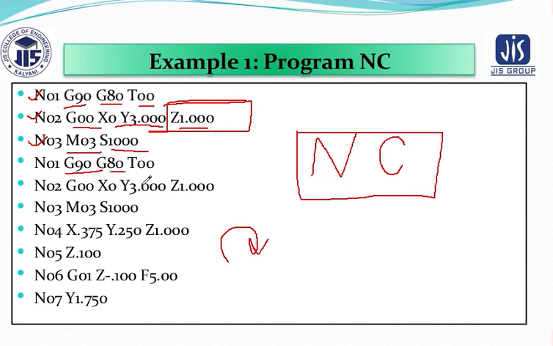G80, it is your fixed cycle cancel code. After that you have used T0 and you have given M03 also, speed also. Now you are providing the coordinate of every point. You just see the coordinate of every point.